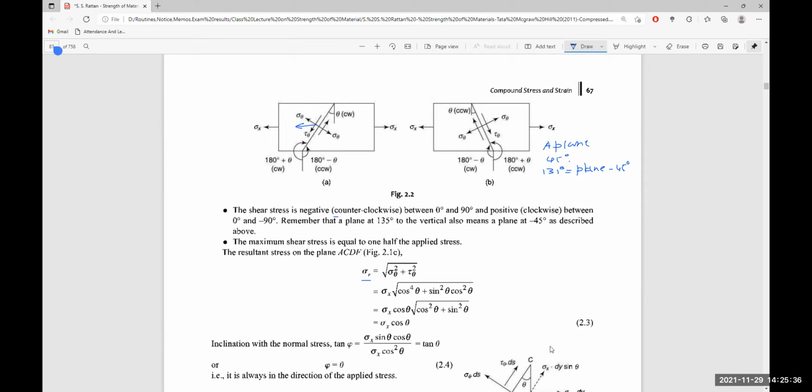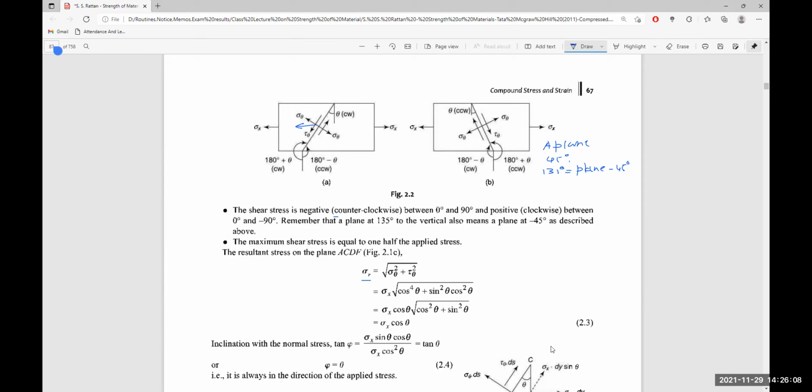If you put the respective values, you can bring out cos theta, so it becomes sigma x cos theta times the square root of cos squared theta plus sin squared theta, which is sigma x cos theta. So the resultant stress is the value of the normal horizontal stress multiplied by the cosine of the angle theta.